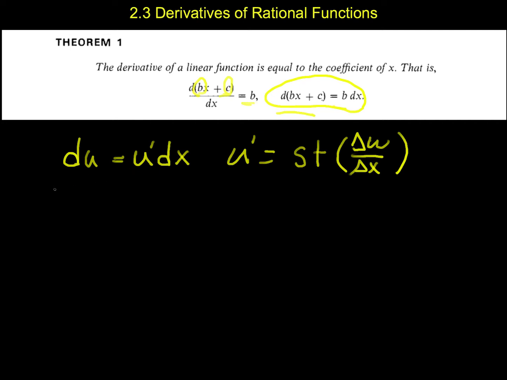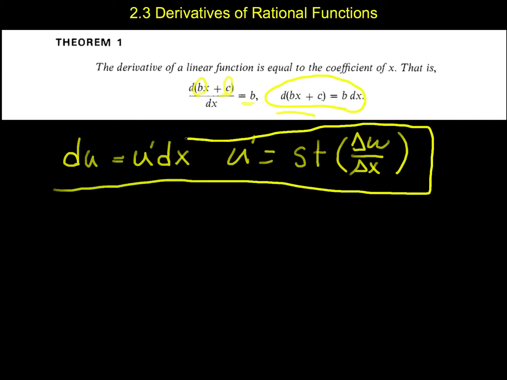And so this is our underlying piece of machinery that will be sitting behind every single one of the proofs. This idea that the differential of u is u prime dx, where u prime is the standard part of du divided by dx. So every time we prove anything, this is what we'll always come back to, because this is our solid definition.